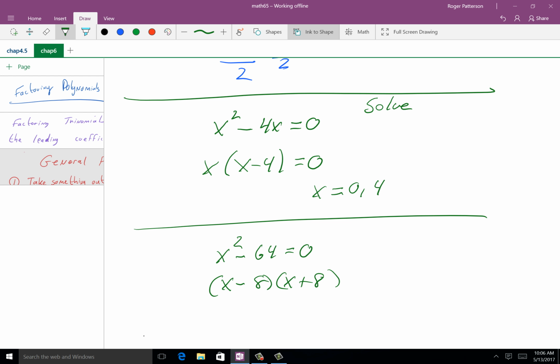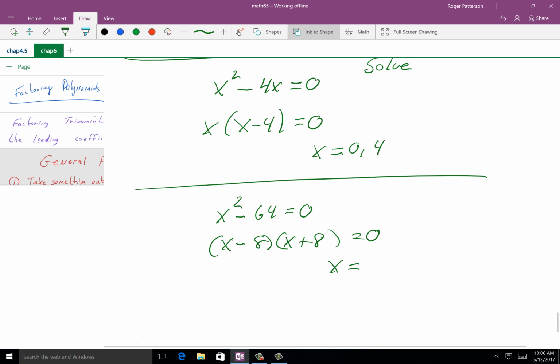Okay. Can we take anything out? No? Difference of two squares? How many terms? It's a trinomial, right? 3 terms.